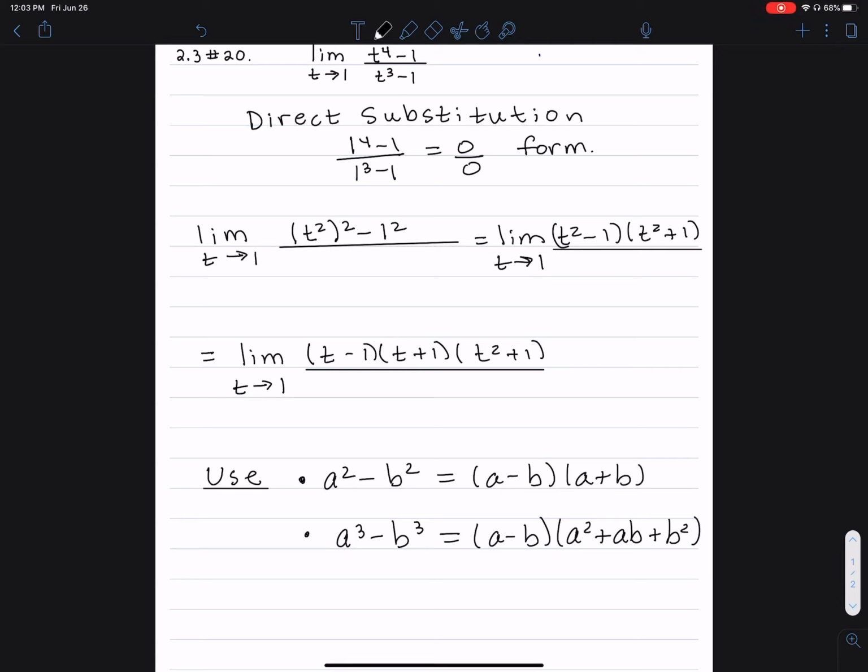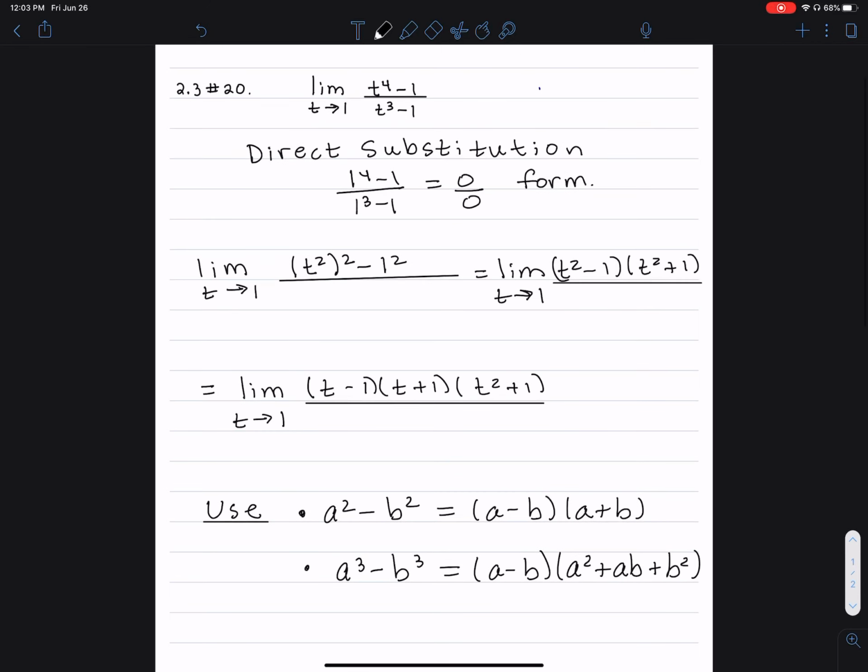Where am I using that? I'm using that in the denominator where I'm looking at t to the third minus 1, which is t to the third minus 1 to the third. And so therefore, using that factorization formula, t minus 1, t squared plus t times 1 plus 1 squared.